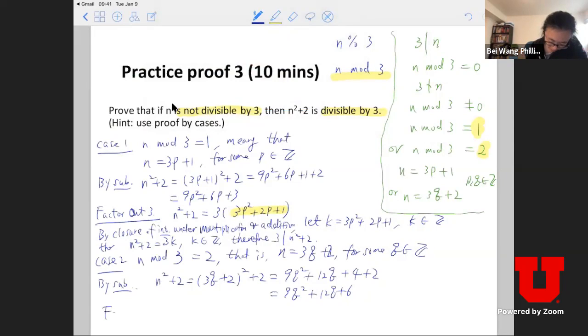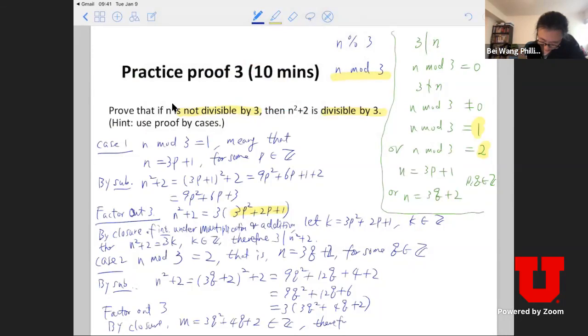I'm going to factor out 3. This is equal to 3 times (3q squared plus 4q plus 2). Again, by the closure property, let's say I'm using the variable m equal to 3q squared plus 4q plus 2, which is an integer. Therefore, n squared plus 2 is 3 times an integer, so it is divisible by 3. That's the end of the proof.